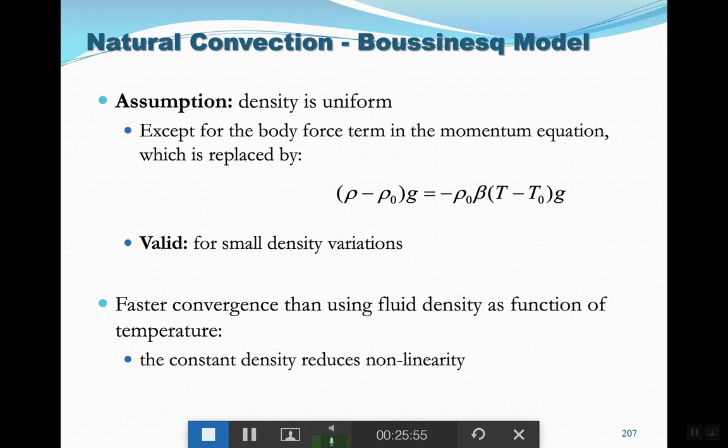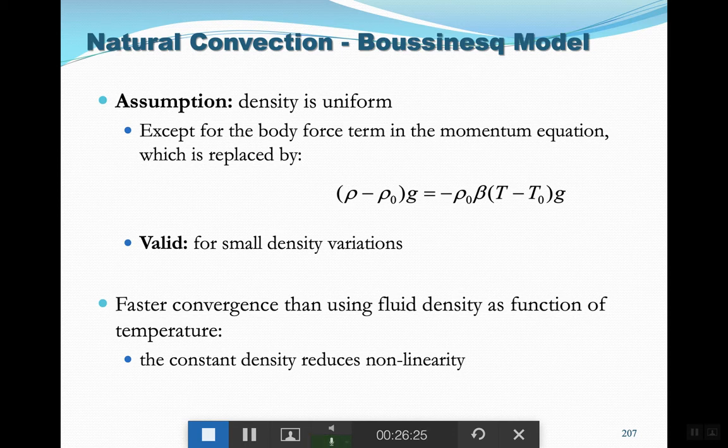Although the changes in density are not extreme in natural convection, and it is in no way a conventional compressible flow, still it's not constant. Density is a function of temperature. If you assume density as a function of temperature, it will make your simulation more difficult, because remember, you're adding another unknown to your 5 unknowns. The density becomes unknown too.